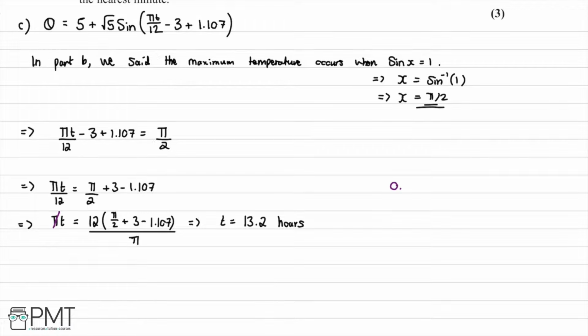So we can say that 0.2 of an hour is equal to 0.2 multiplied by 60. And we put this into our calculator, and this comes out as 12. So we have 12 minutes. So therefore, we can say that the time is equal to 13 hours and 12 minutes.